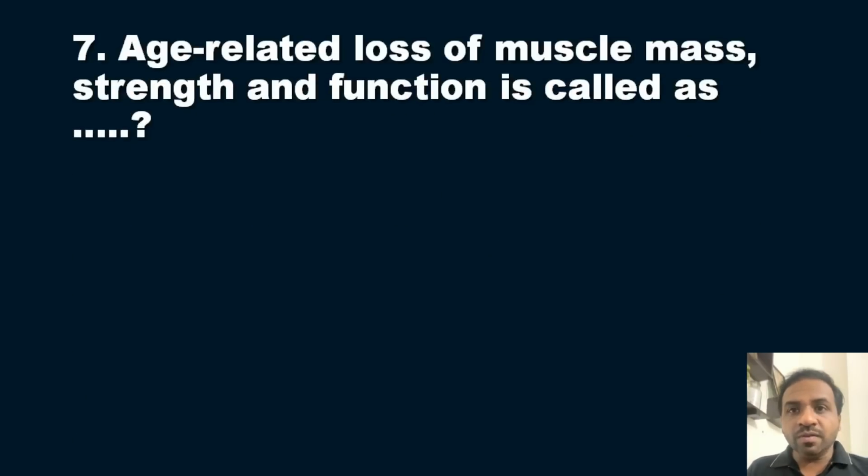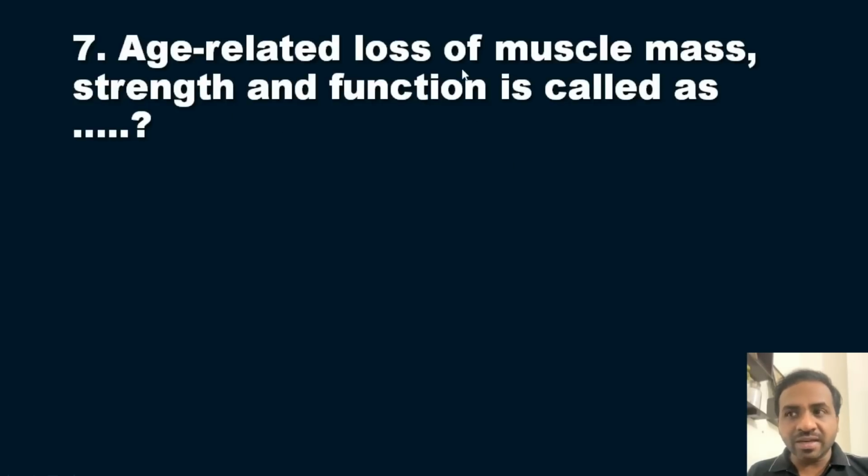Regarding these tumor markers, I think you are aware now. Now we will move on to the 7th question in the series. The question is: age-related loss of muscle mass, strength and function is called as dash.